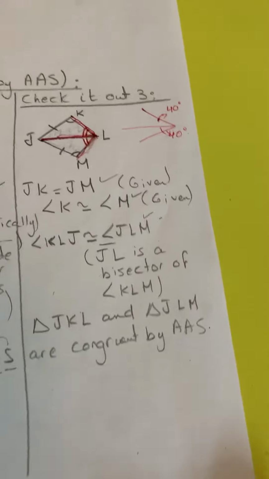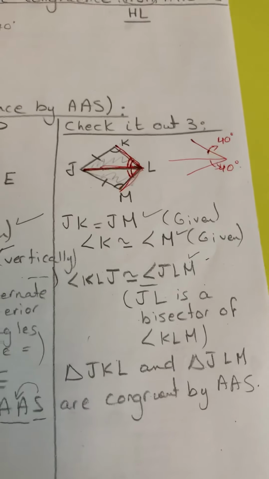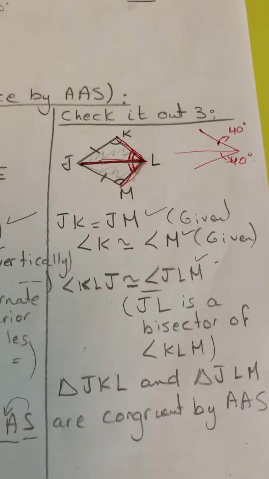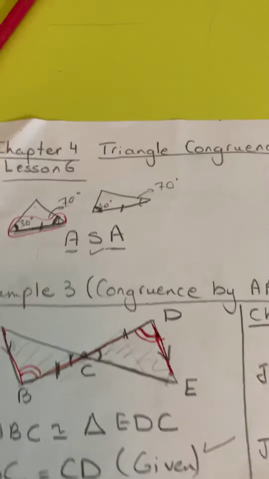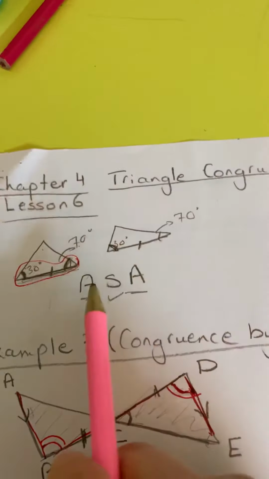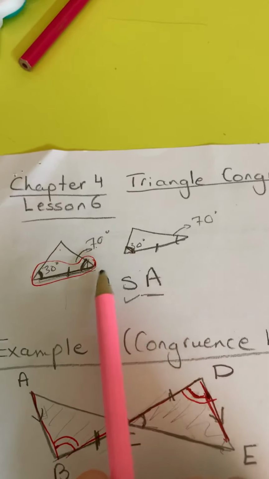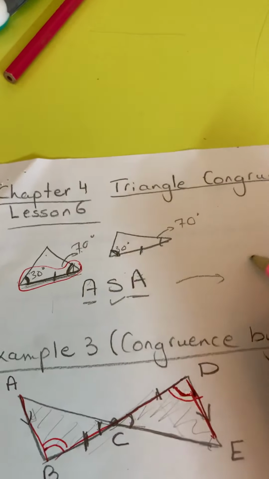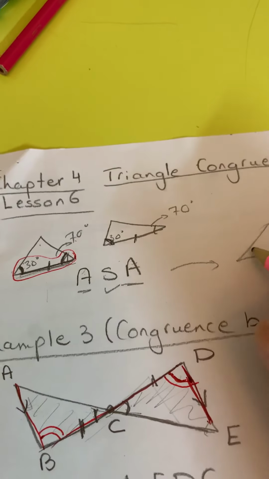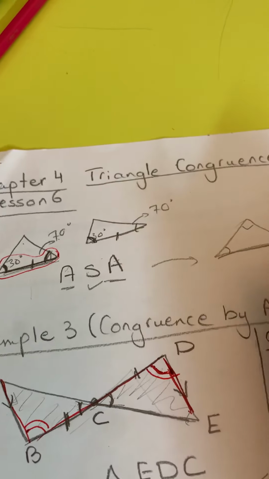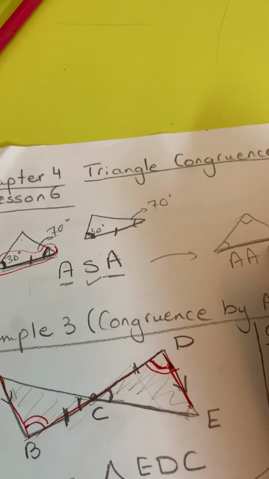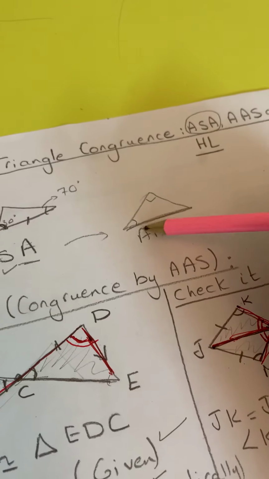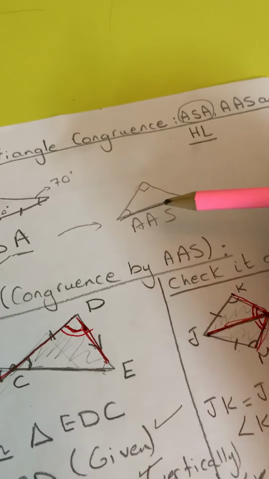Now, I told you that I will ask you a challenging question. If I said yesterday that the side should be included between the two angles, and today I'm saying that it can be any two angles and one side, which means that it's not necessary for the side to be between the two angles, how come?